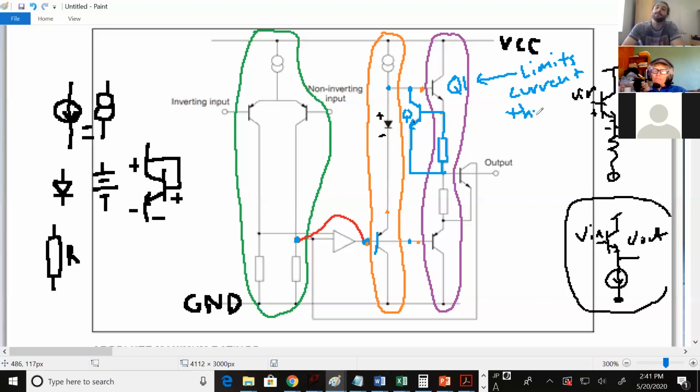Is it because of the current source there? No, it's pretty self-contained in the blue circuitry there. And the current that you're worried about is the current through the push-pull. So when that gets too big, this thing helps in some way. Is it some form of degeneration for that pair? It's not degeneration. Think simpler.